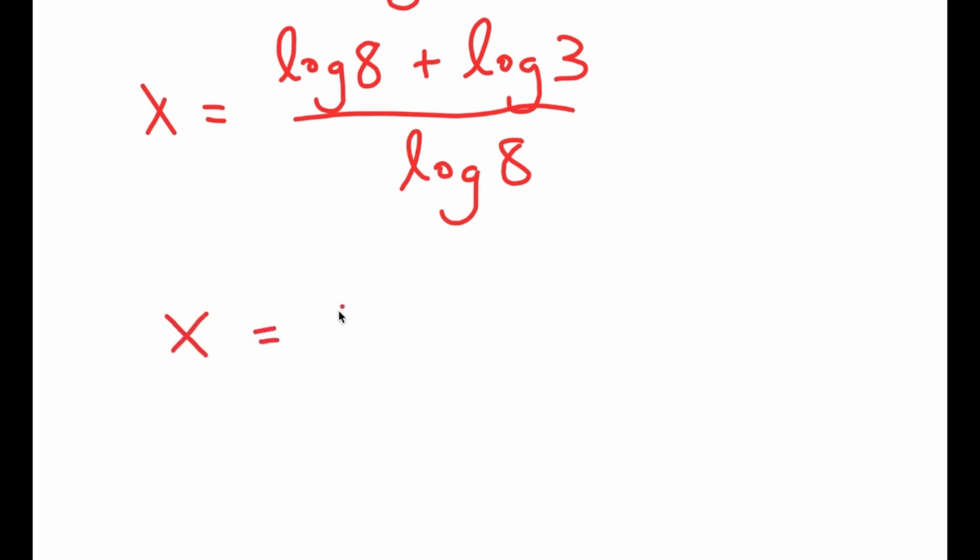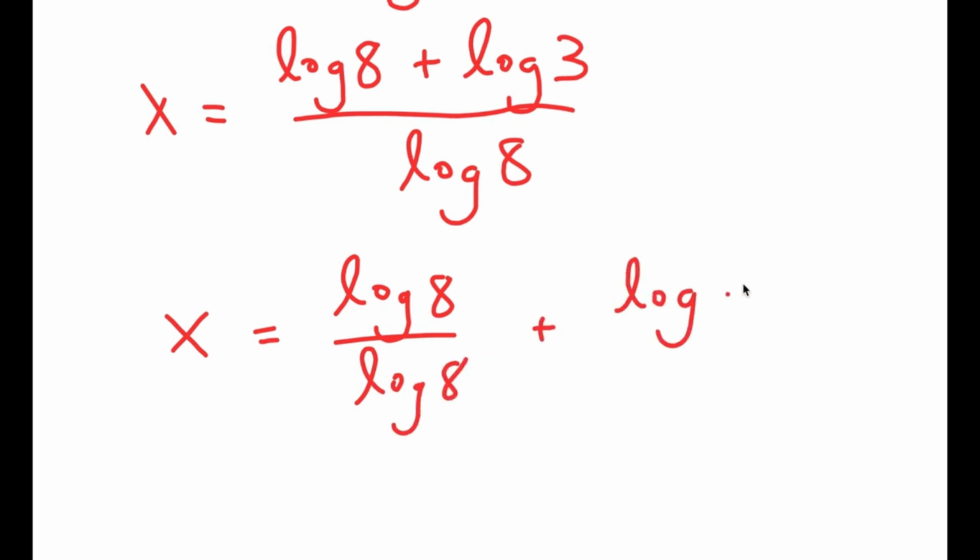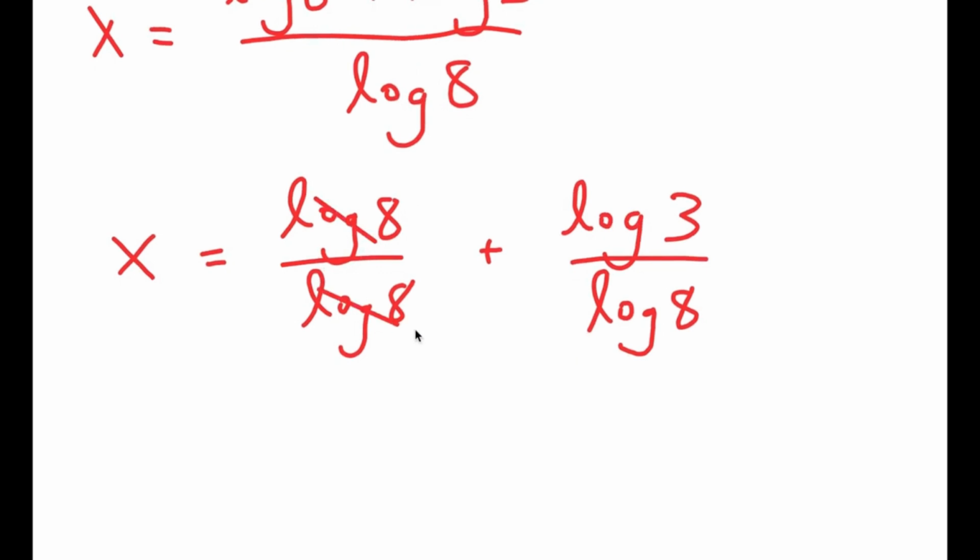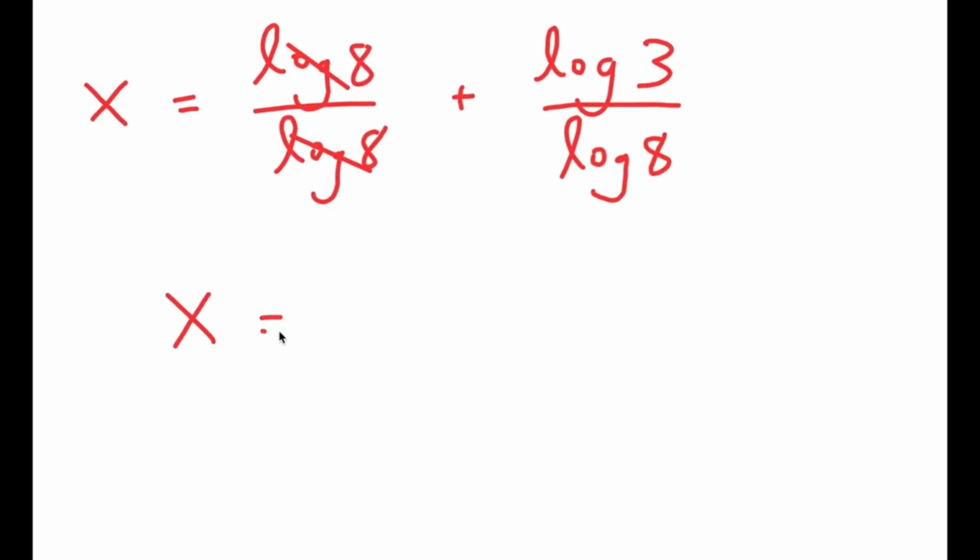So now this turns to log 8 over log 8 plus log 3 over log 8. So these two cancel out, and I get x is equal to 1 plus log 3 over log 8.